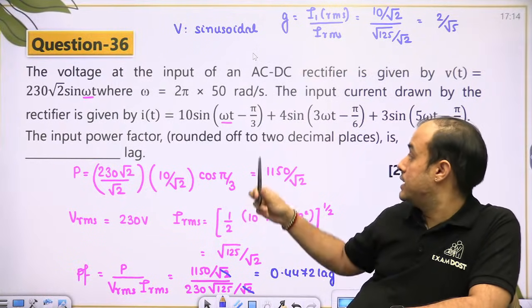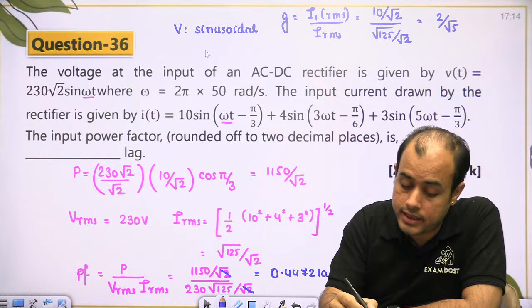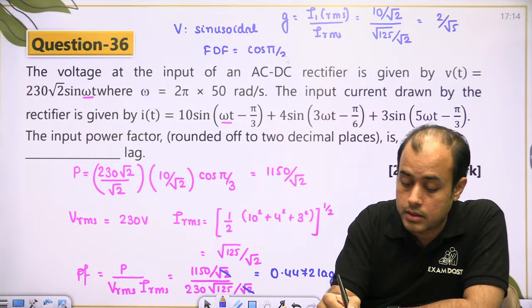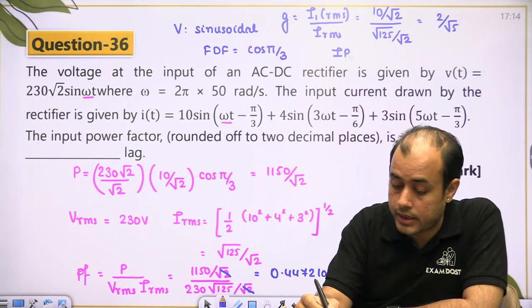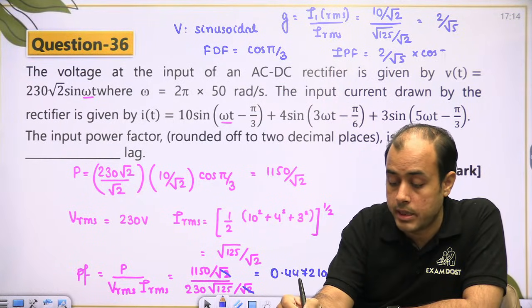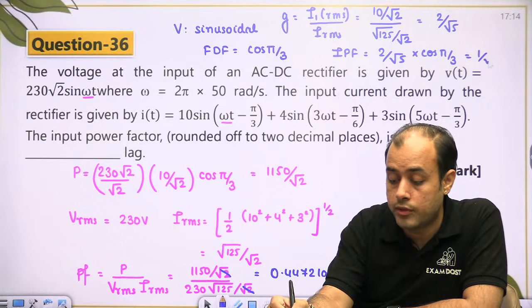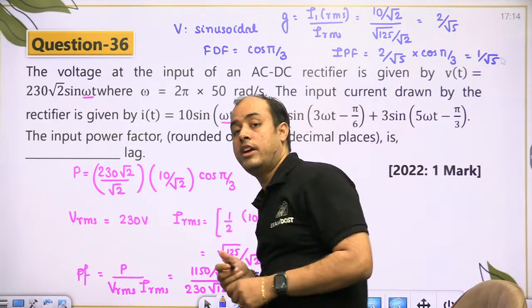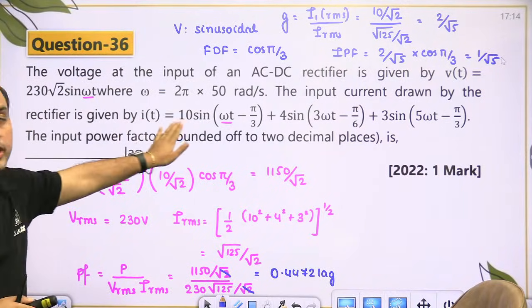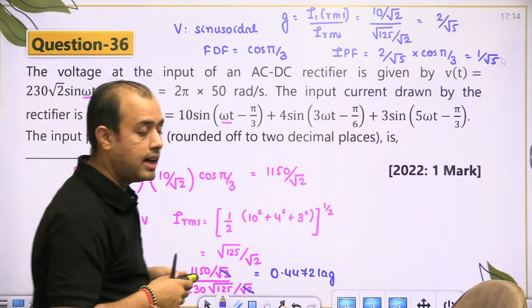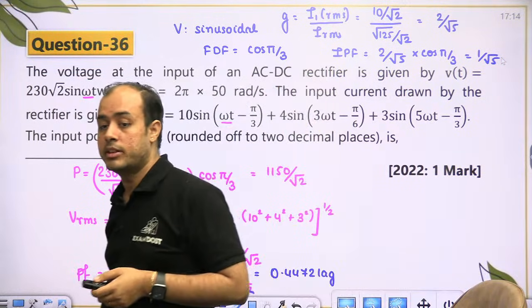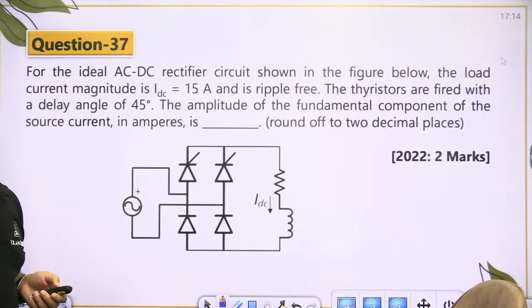And then if you see the phase shift between voltage and current, FDF is cos pi by 3. So input power factor is 2 by root 5 G into cos pi by 3, 1 by root 5. But this G into FDF can only be applied when voltage is sinusoidal and we know the Fourier series of current, because then I can find the distortion factor. अगर करंट की फोरियर सीरीज मालूम है तो डिस्टॉर्शन फैक्टर आ सकता है, तभी ये मेथड लगाना.